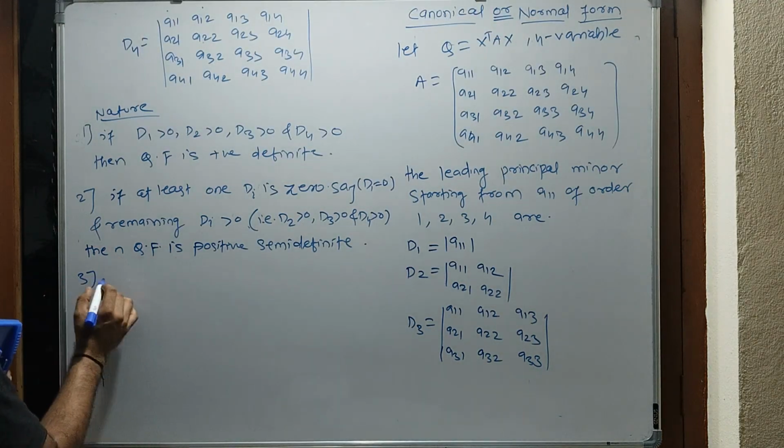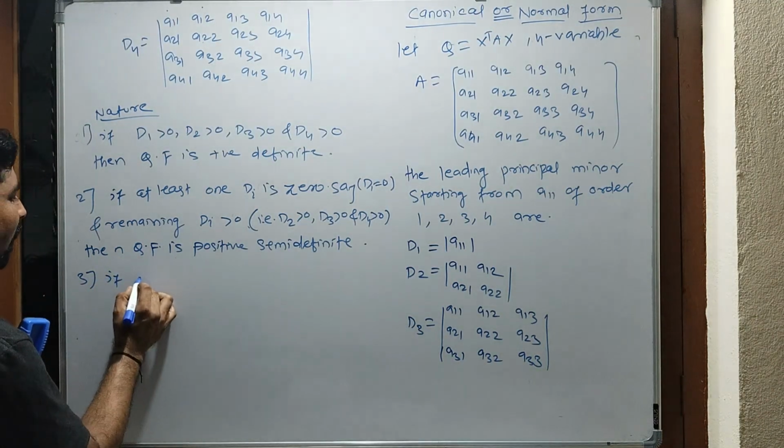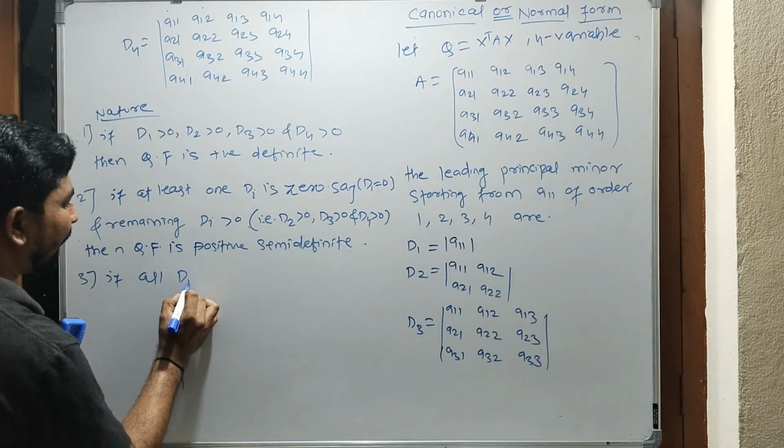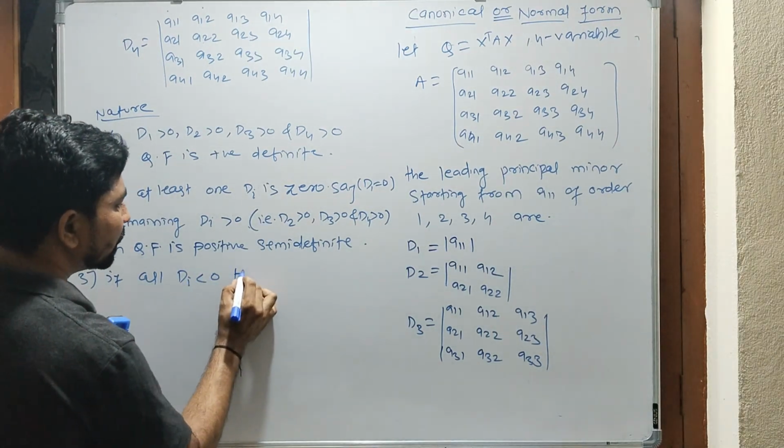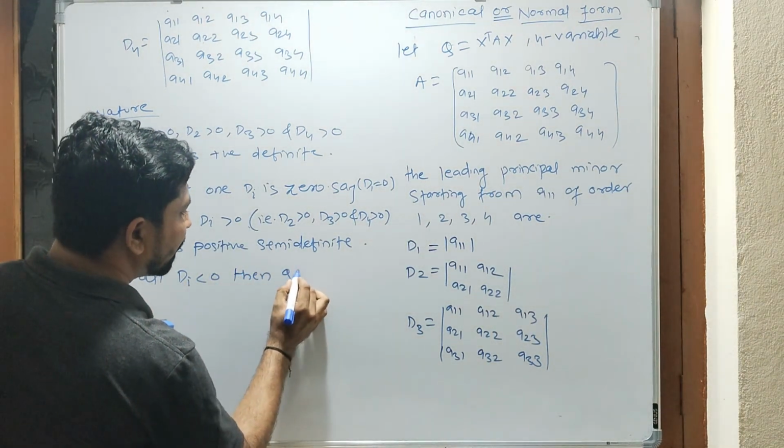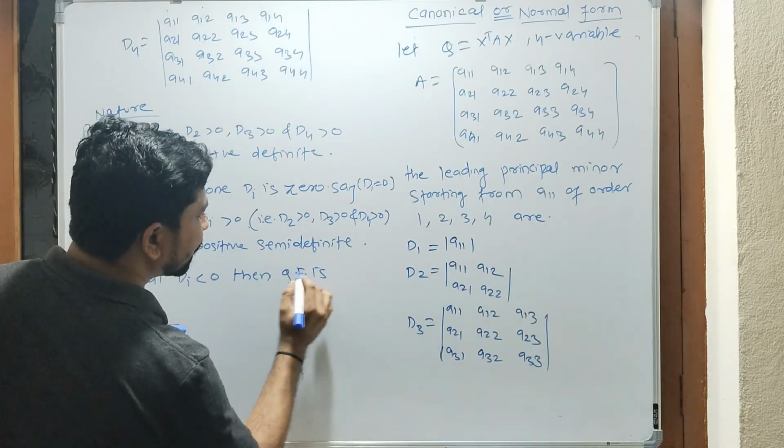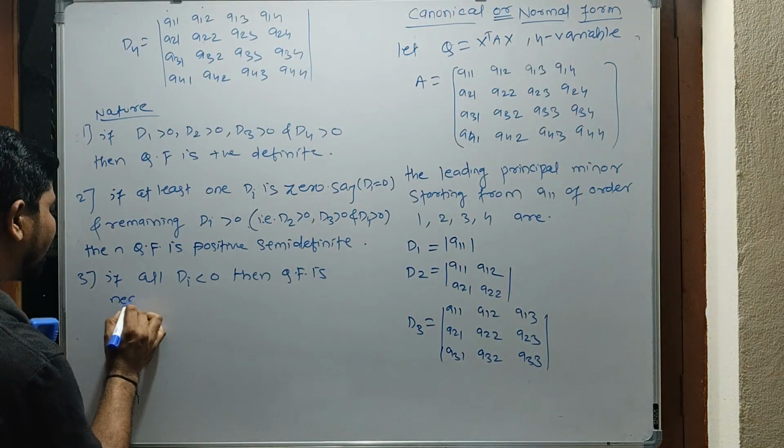Third, if all the di are negative, then the quadratic form is negative definite.